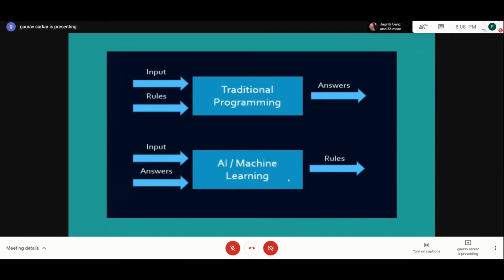In machine learning, the algorithm learns from the previously given data and understands that this is the picture of a cat. Now if you give a random strange image of a cat, it can answer whether it's a cat or not. That is the difference between traditional programming and machine learning.